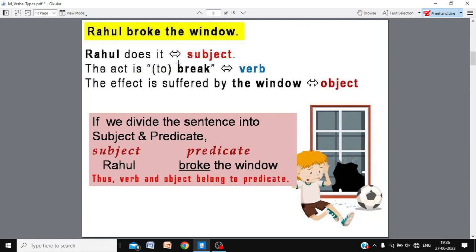The act is break, verb. And the effect is suffered by the window. The window is the object. Now, if we divide the sentence into subject and predicate, both the verb and the object will be in the predicate part. The verb belongs to the predicate, the object belongs to the predicate.